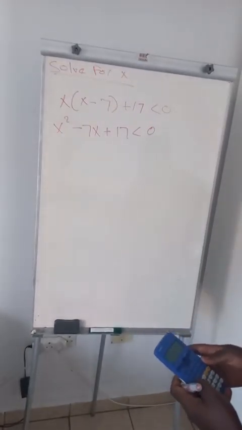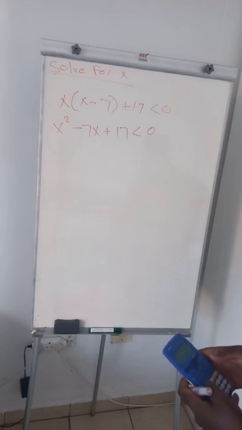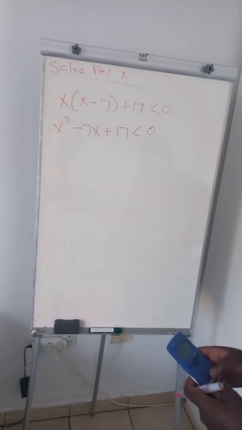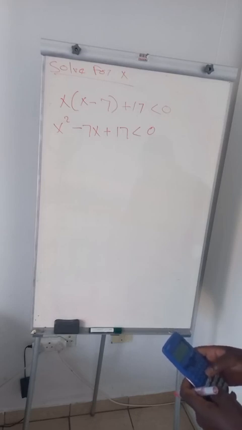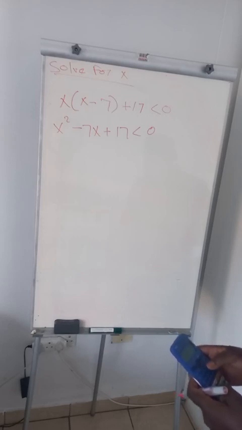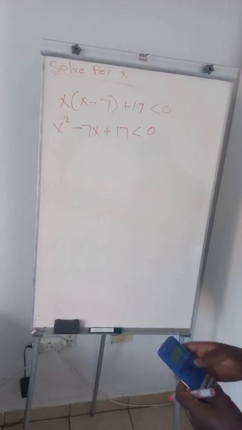Solving, you can just use the quadratic formula here. You get 7, plus or minus the square root of 7 squared minus 4a, where a is 1, and then 12, divided by 2.